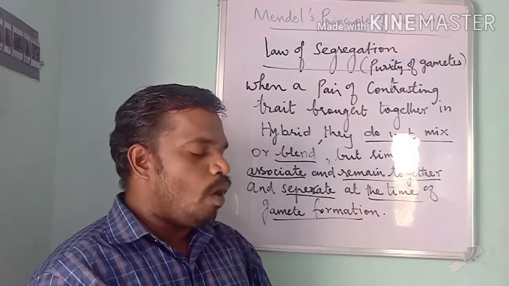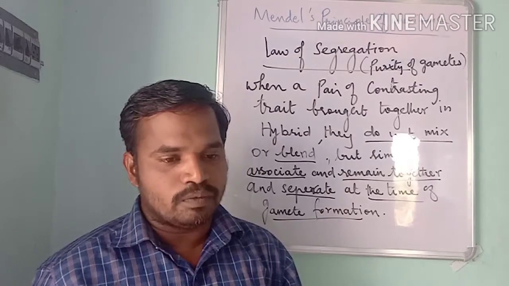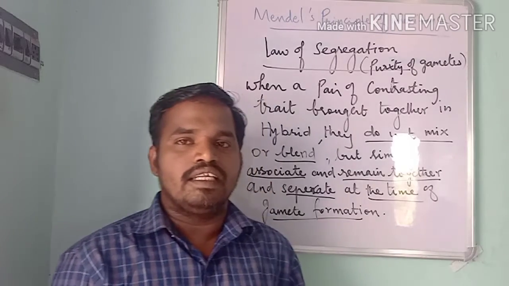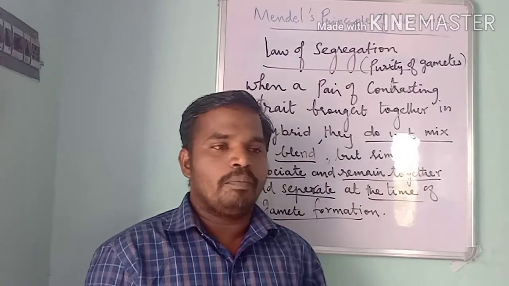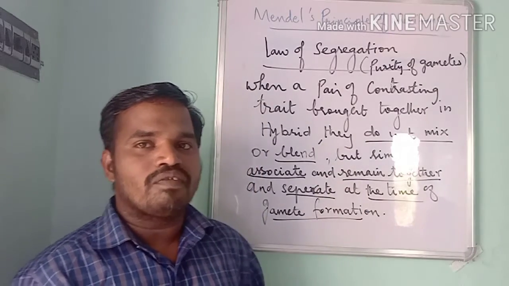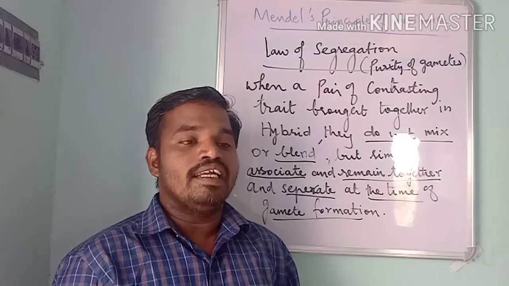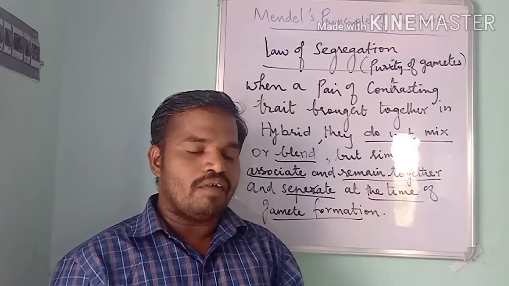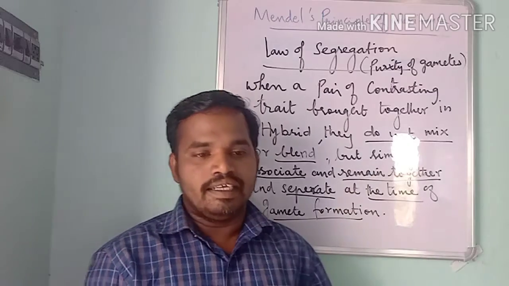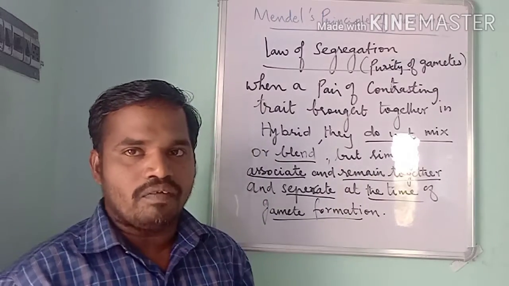So Mendel wanted to continue his experiments with two pairs of contrasting traits. First he did the monohybrid, with only one pair of contrasting traits. Now he wanted to do two pairs of contrasting traits, to see whether one pair influences the other pair.